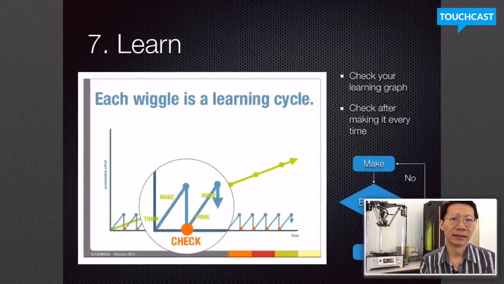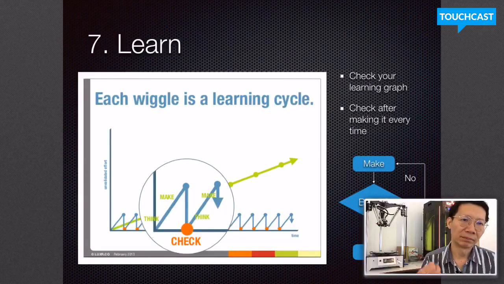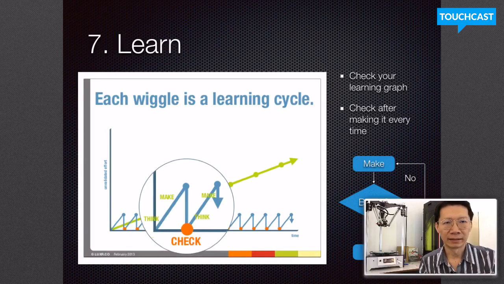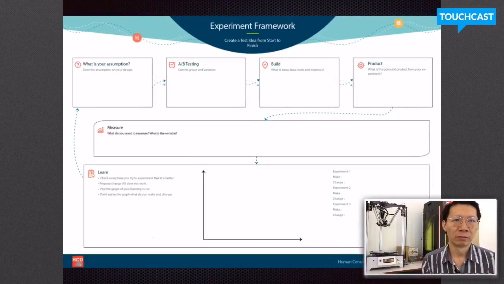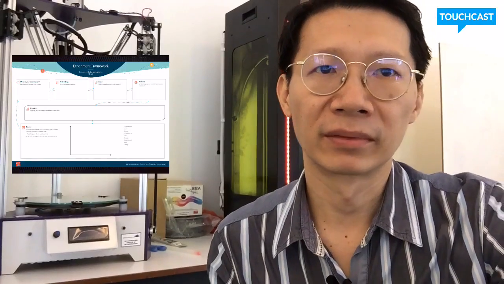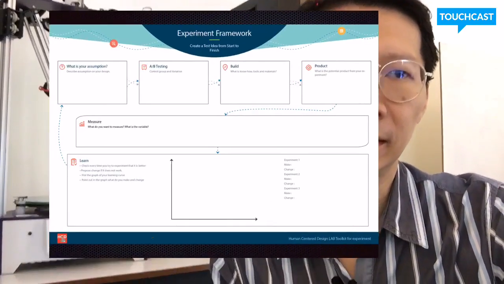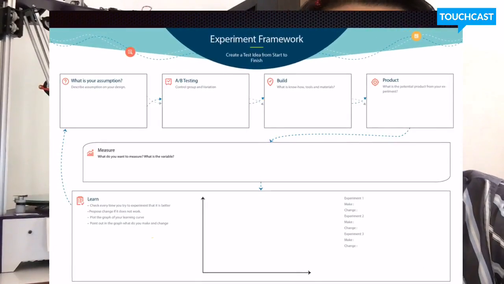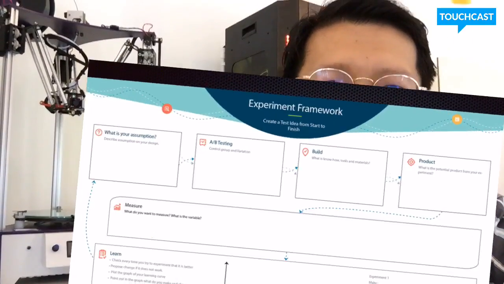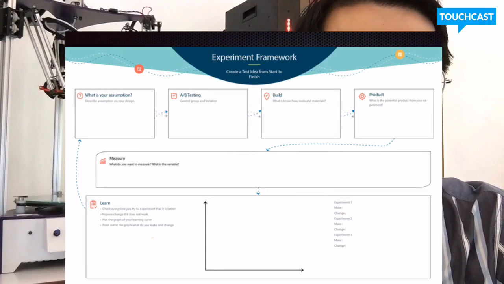The next one, in this one, they say make, check, think. And I think in summary, I told you the whole process. We give you some form that you can see here, and let me show you and zoom in and out. So here, you take a look at what the assumption is. What is the assumption?